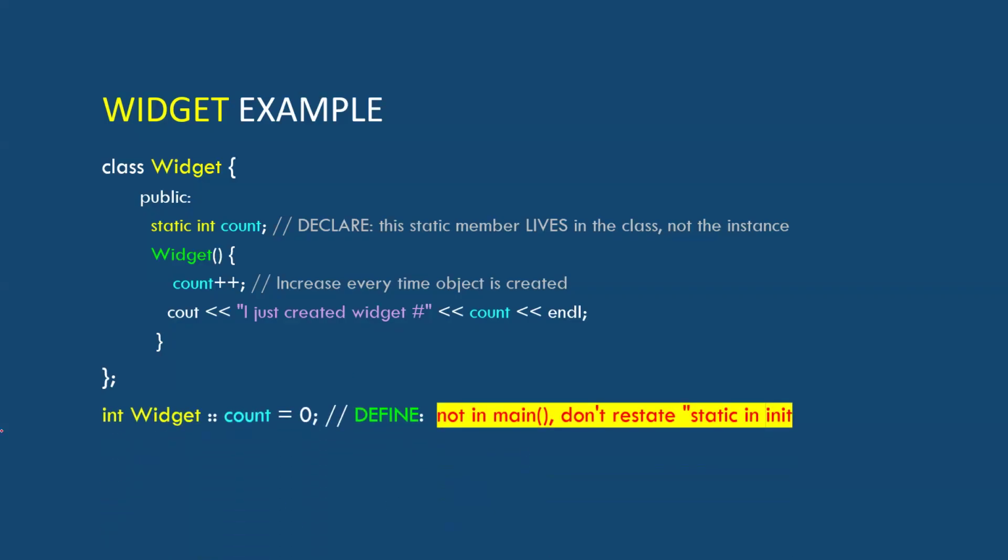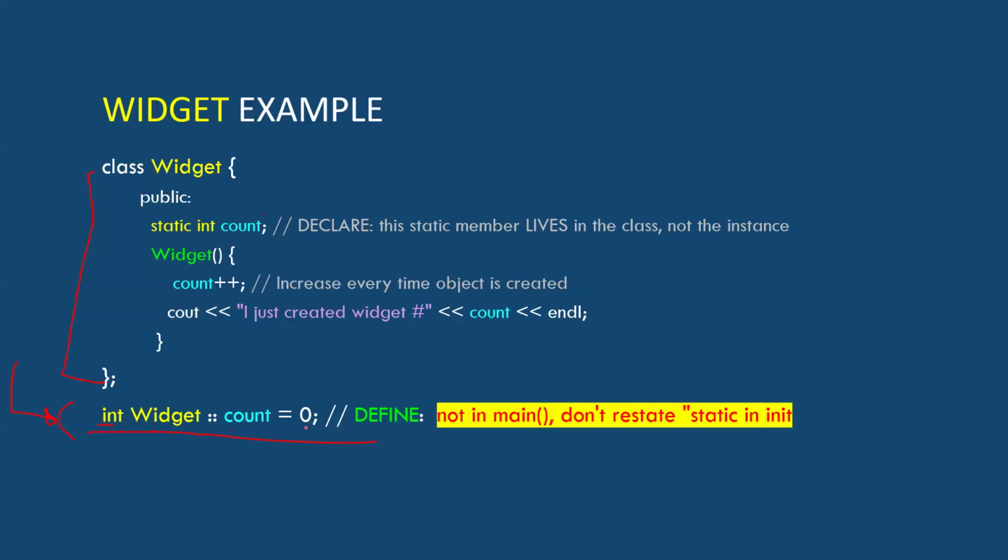But actually, take that back. The other thing we have to do, which is probably the most confusing part, is we have to initialize this value down here. It cannot be inside of here. And I'll put a little asterisk there, except for certain conditions. So we've got to say int Widget::count equals 0, kind of like our out of class stuff that we've done before.